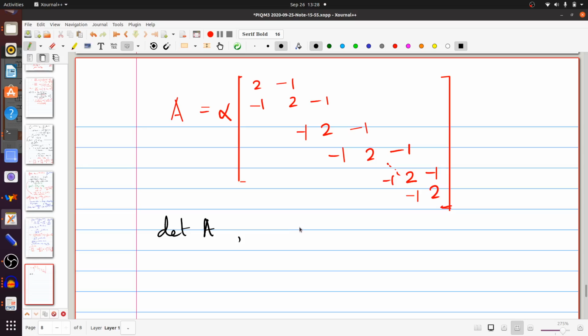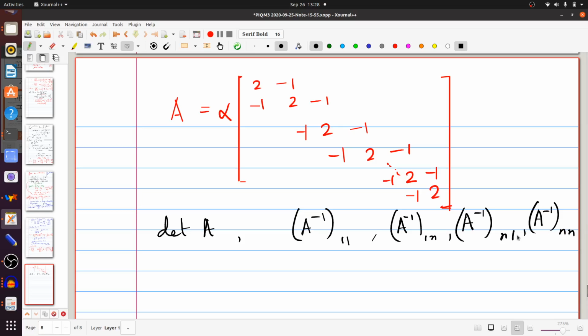Although frankly we don't need all the terms in the inverse, we just need A inverse 1, 1, A inverse 1n, A inverse n1 and A inverse nn. Simply because we are going to use A inverse in the quadratic form B transpose A inverse B, and B has almost all its terms equal to 0. So the only non-zero contributions will come from these 4 terms in the inverse. So it's really not the whole n square elements of the inverse that I have to calculate. It's a lot smaller task than that.